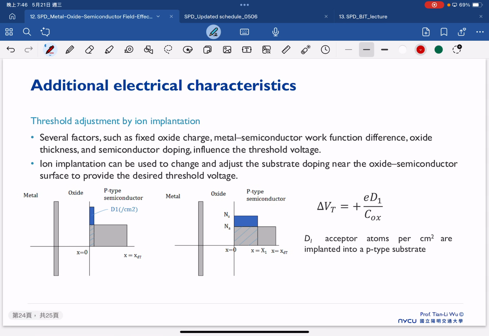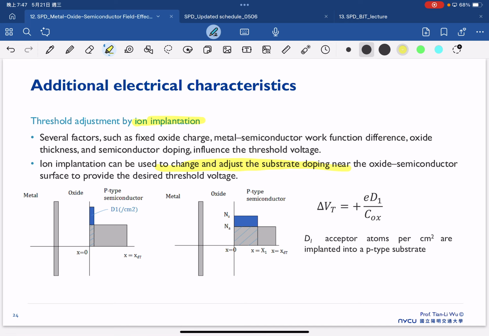And also, related to the threshold voltage, there's one possibility that we can adjust our threshold voltage by using a process that we call ion implantation. Several factors such as fixed oxide charge, metal-semiconductor work function difference, oxide thickness, and semiconductor dopant can influence the threshold voltage. But the ion implantation process can also be used to change and adjust the substrate doping near the oxide-semiconductor surface to provide the desired threshold voltage.